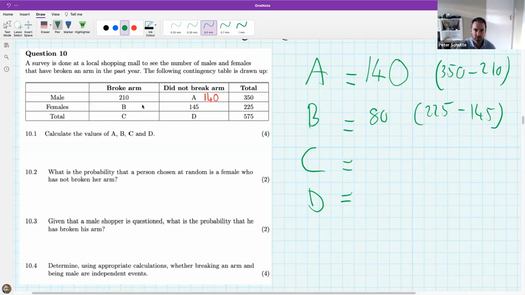I suppose if I wrote this in, it would be a little bit easier. What is D gonna be?